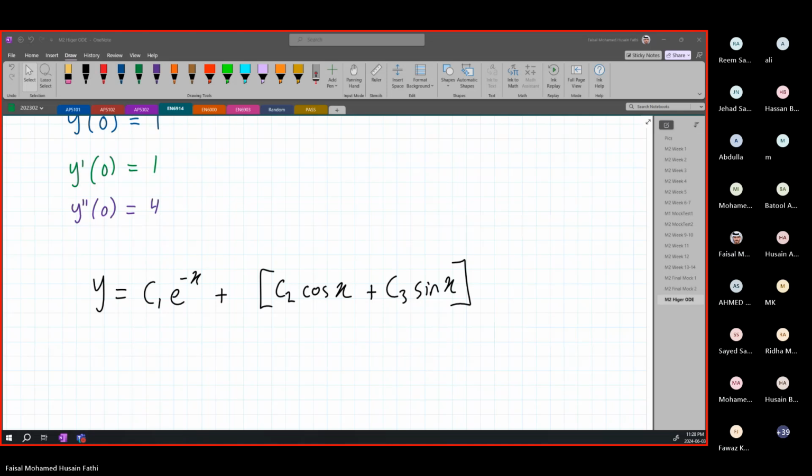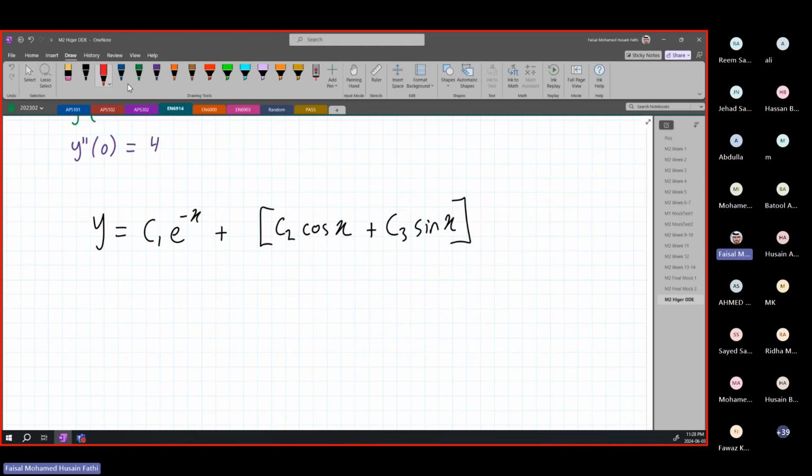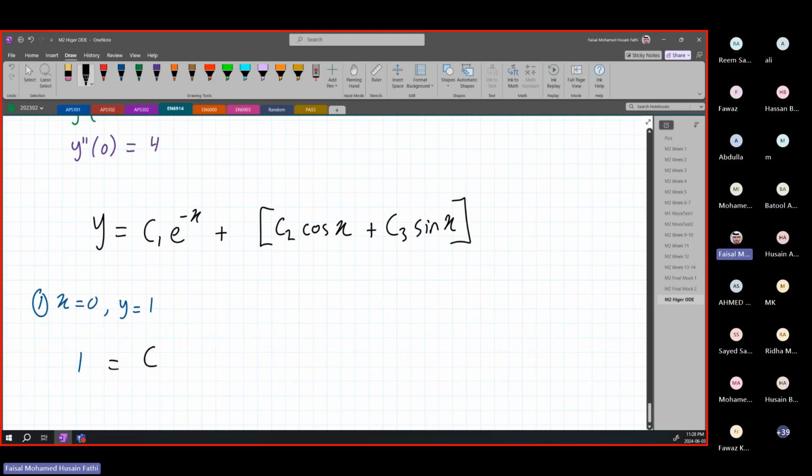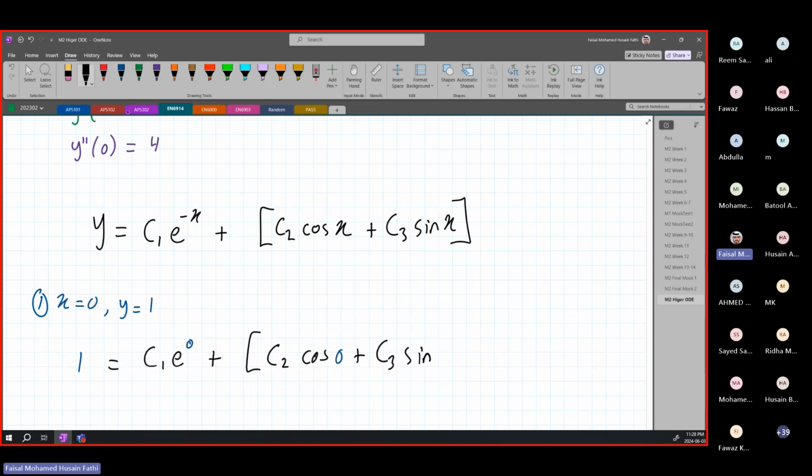All right. So for the first one, we have x equals 0, y equal 1. So 1 is equal to c1 e to the power 0 plus c2 cosine of 0 plus c3 sine of 0.